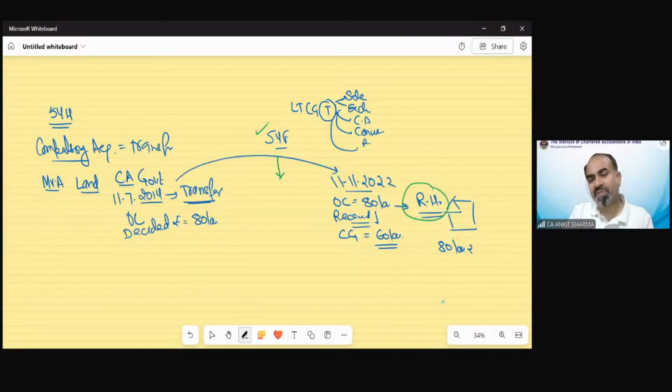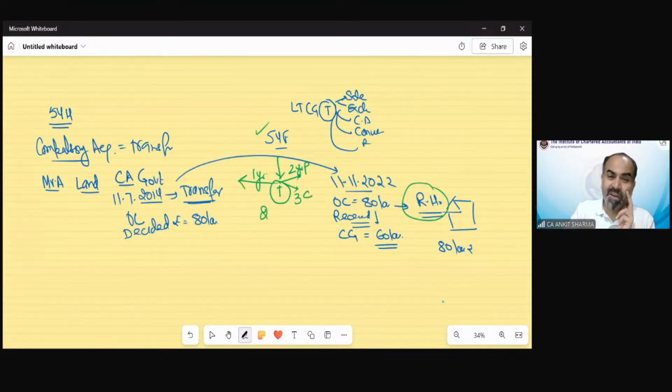Section 54F says either you have to purchase 1 year before the date of transfer, or within 2 years from the date of transfer, or construct within 3 years from the date of transfer. Now, what is the date of transfer in this case?